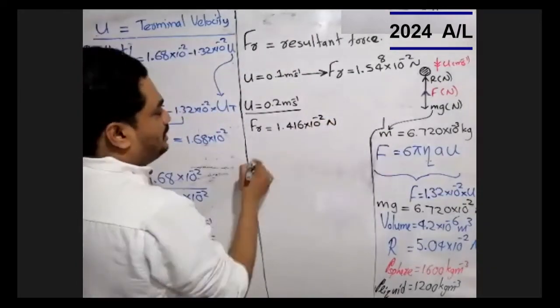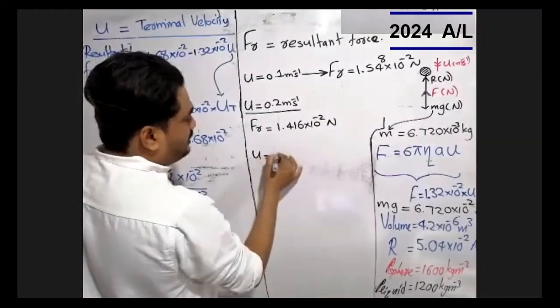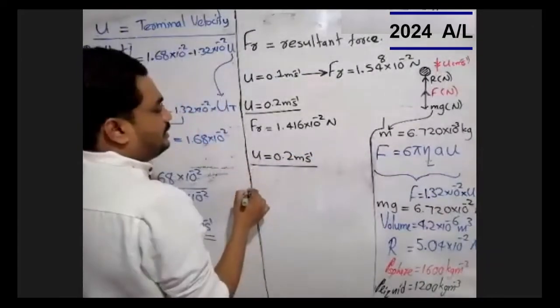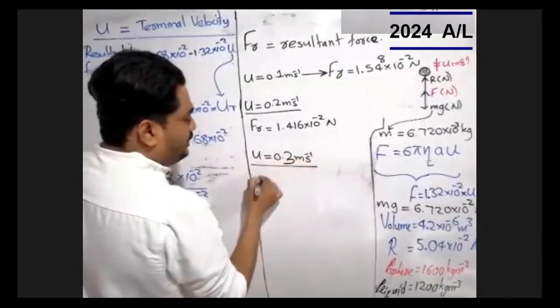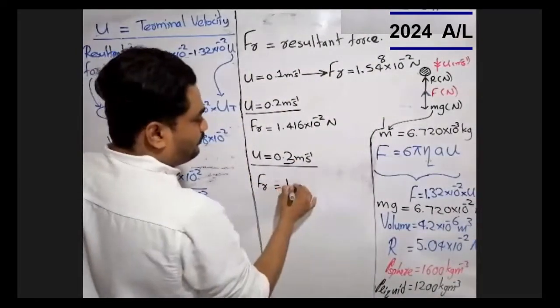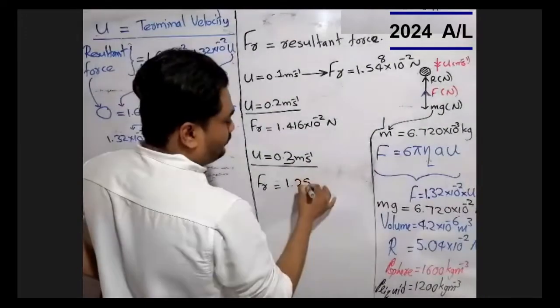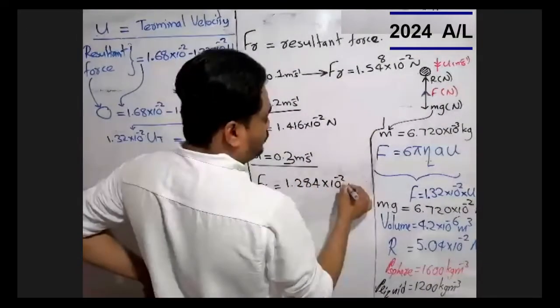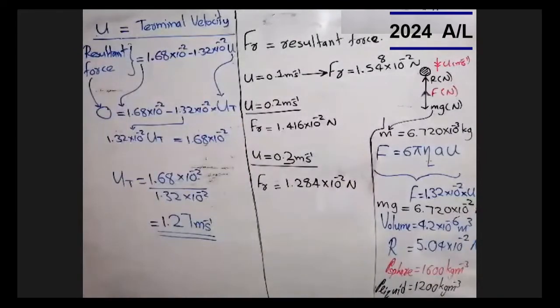Then what is the resultant force acting on the sphere when the velocity is 0.3 meter per second? 1.284 into 10 to the power minus 2 Newton. Correct or wrong? Correct, sir.